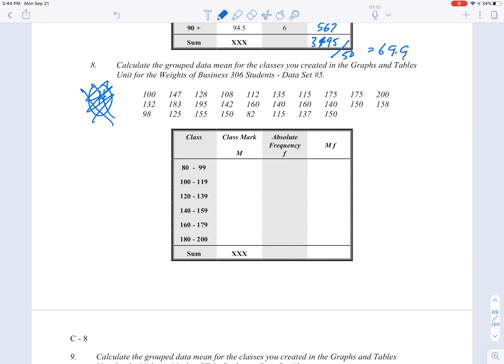The first class, we use Sturges' method to come up with class widths of 20. So the first one is going to be 80 to 99. And by the way, these are not in order. Here's your lowest number, which is 82. And your highest number then is, I think it's 190. Oh, here's a 200 right there. Is that the highest? I think so.